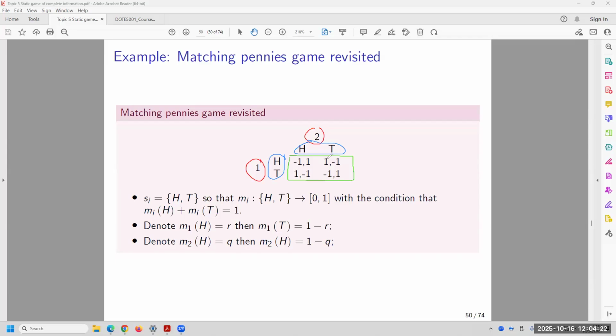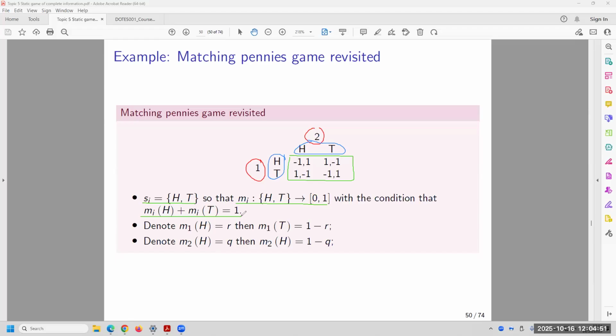We allow assigning probability over head or tail. That means that S is still head or tail, but our strategy is a probability distribution. We put some probability over H, some probability over tail. Same for player 2. That means that MiH plus MiT will be equal to 1.